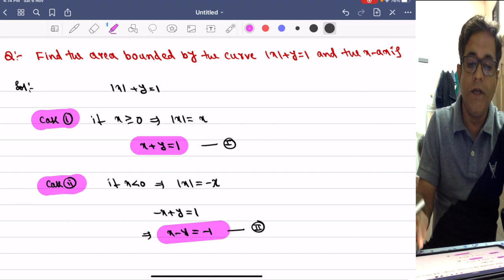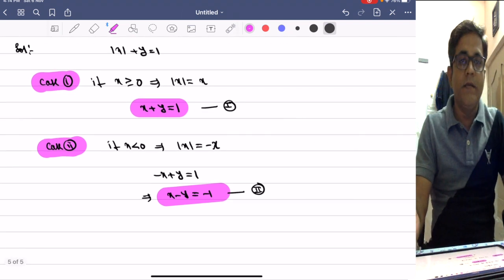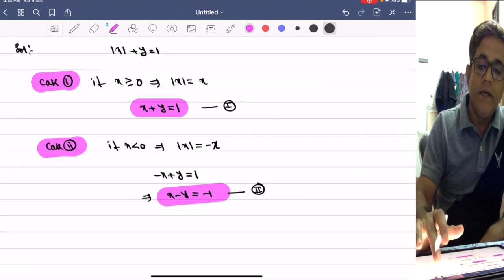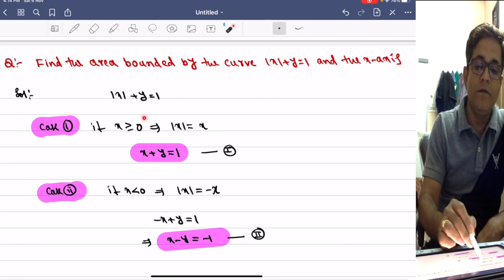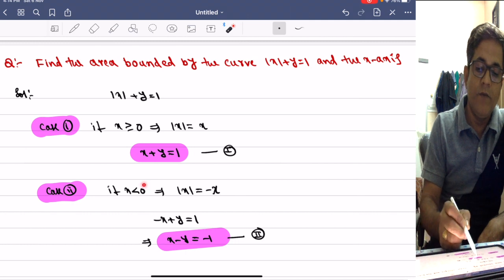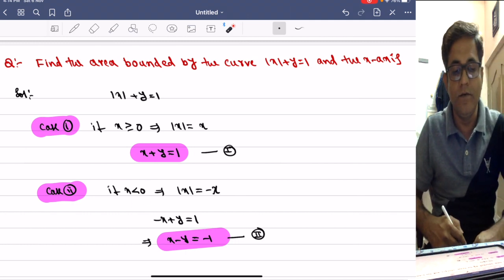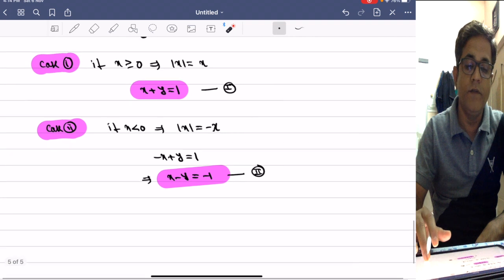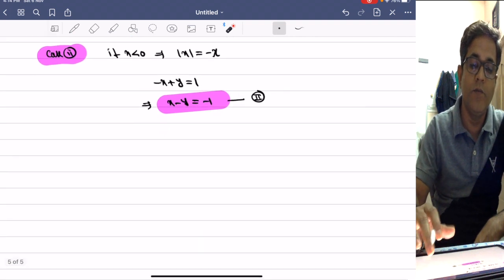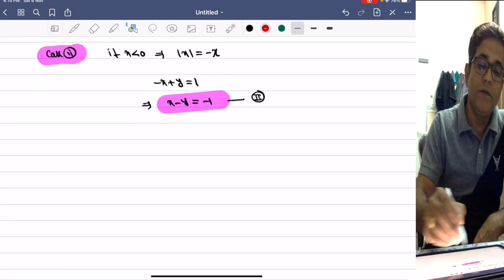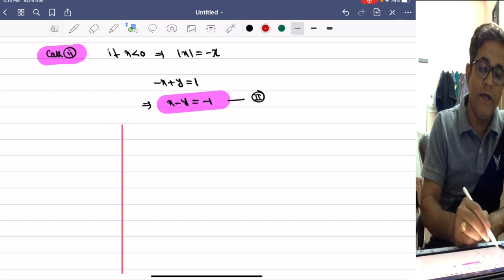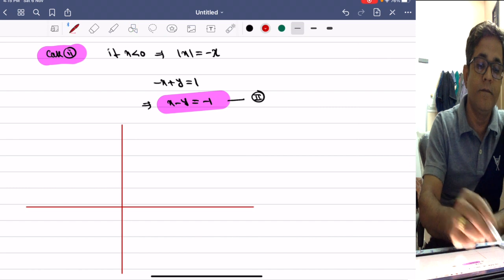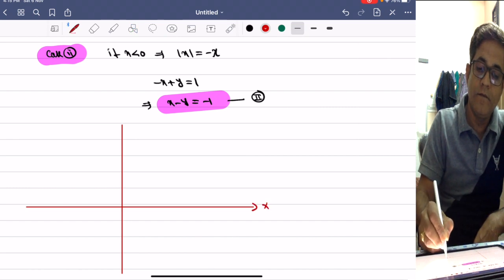Now 1 and 2 are line segments, because x plus y is equal to 1 only when x is greater than or equal to 0, and x minus y is equal to minus 1 only when x is less than 0. Now we will draw the graph of 1 and 2 on the same coordinate plane. This is the y-axis and this is the x-axis.